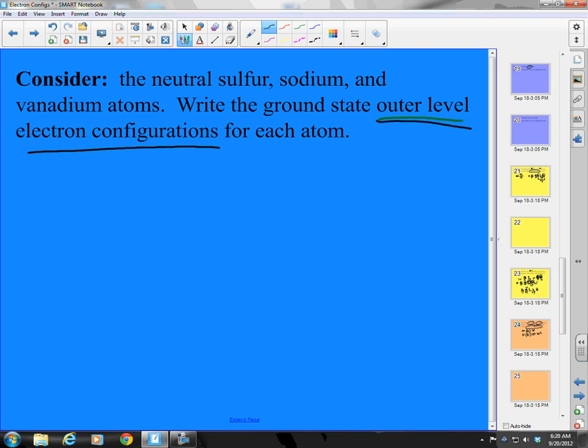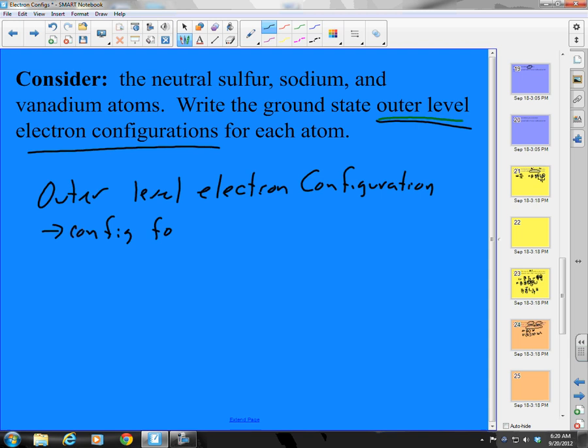So what are outer level electron configurations? Let's define these first. Outer level electron configurations: this is the configuration for the electrons farthest from the nucleus.